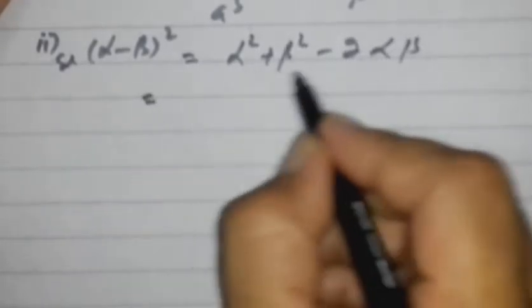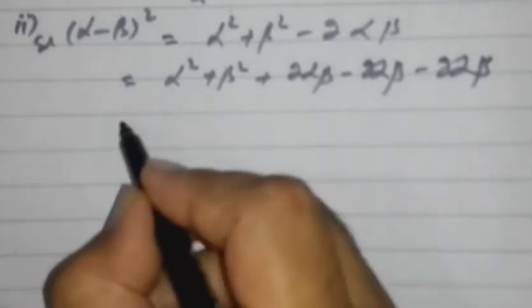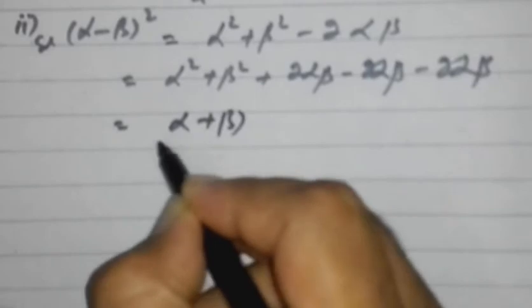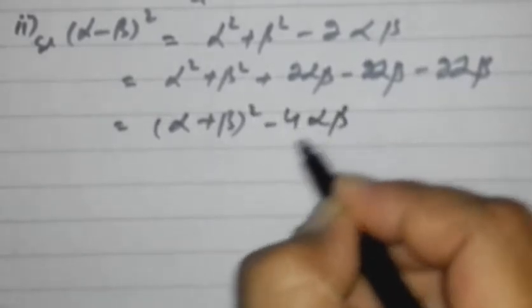Part 2, alpha minus beta whole square. Expand this: alpha square plus beta square minus 2 alpha beta. Now add 2 alpha beta and subtract: alpha square plus beta square plus 2 alpha beta minus 2 alpha beta, and this minus 2 alpha beta stays in its place. Now it becomes alpha plus beta whole square minus 4 alpha beta.